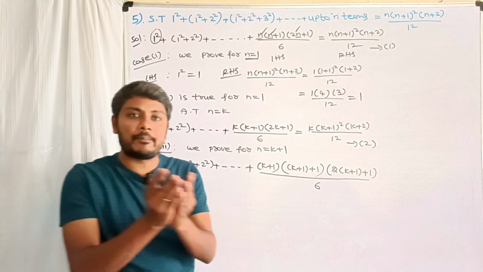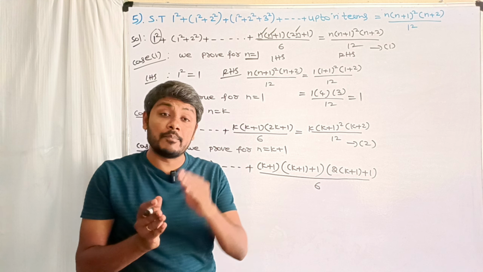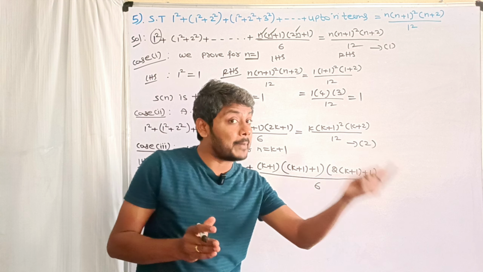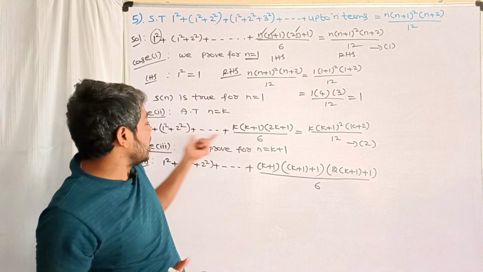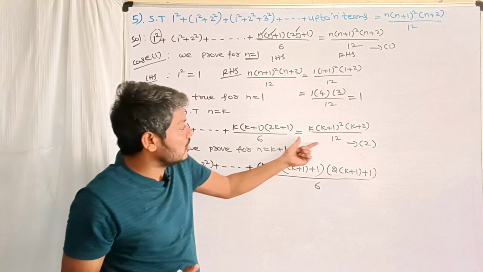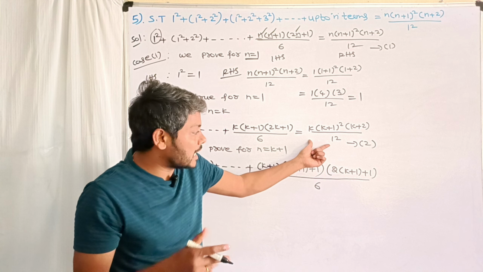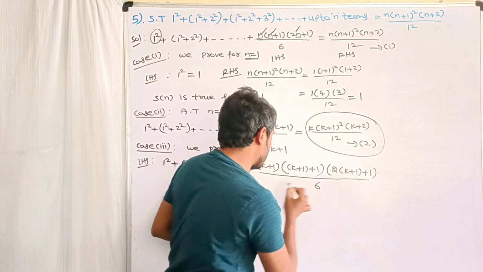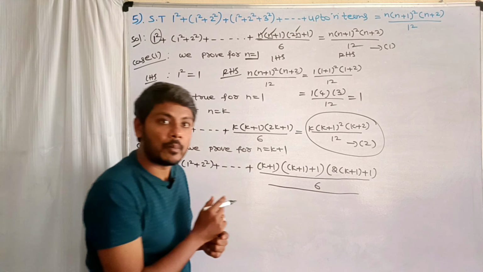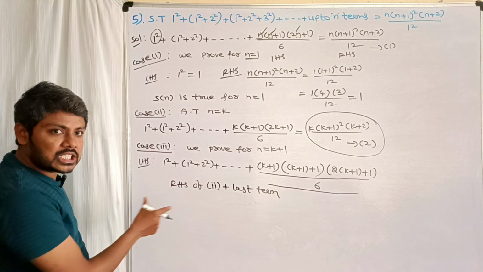So the sum of the k plus 1 terms can be written as the sum of the k terms plus the (k plus 1)th term. Already we have the sum of k terms, this one, plus the (k plus 1)th term. That means RHS of case 2 plus this last term. Clear what is the RHS of case 2?